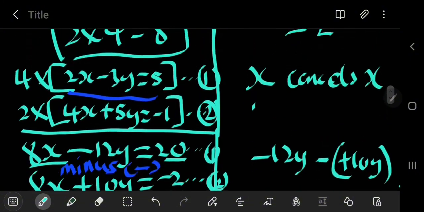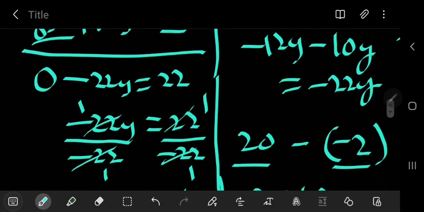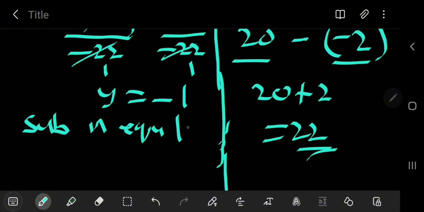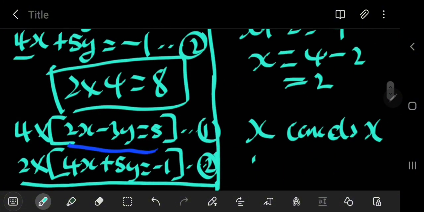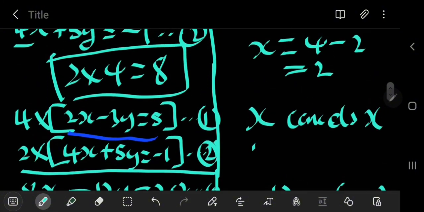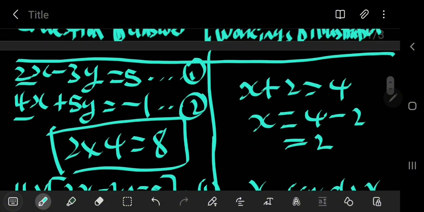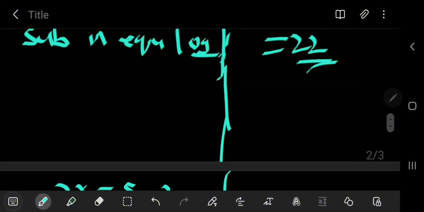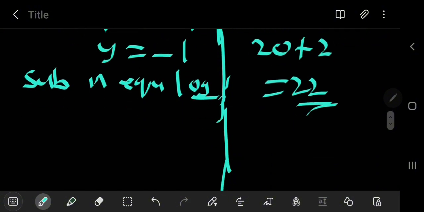You could do anyone, but for me, instinctively, I go for the simpler one. So let's write 2x minus 3y below. So let's substitute in equation 1, the OG, the original. So we have 2x minus 3y equals 5.